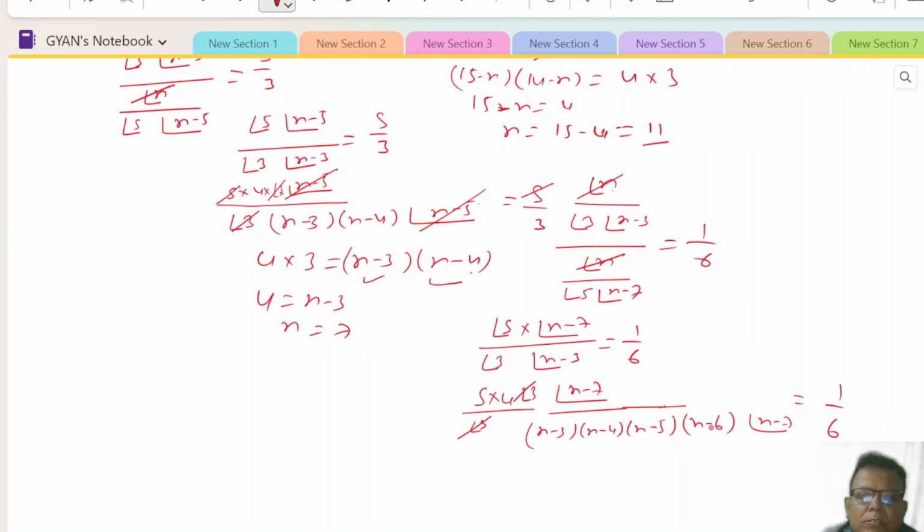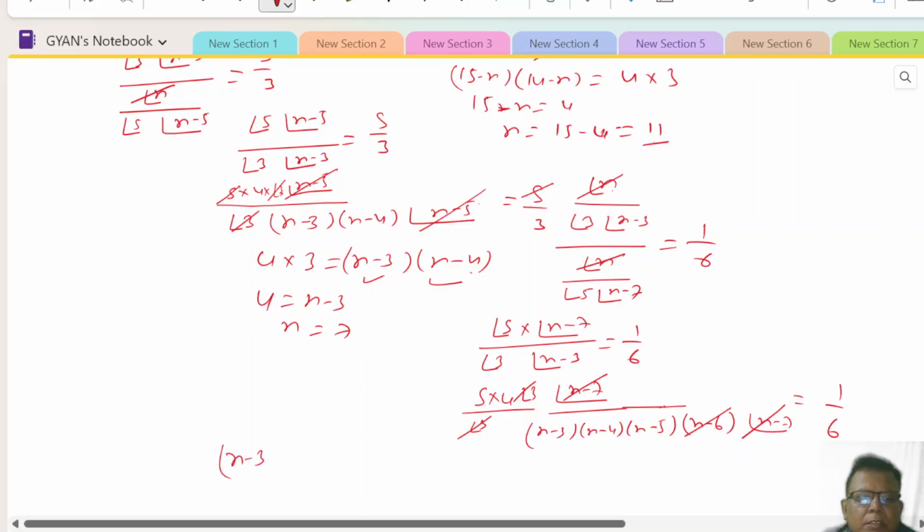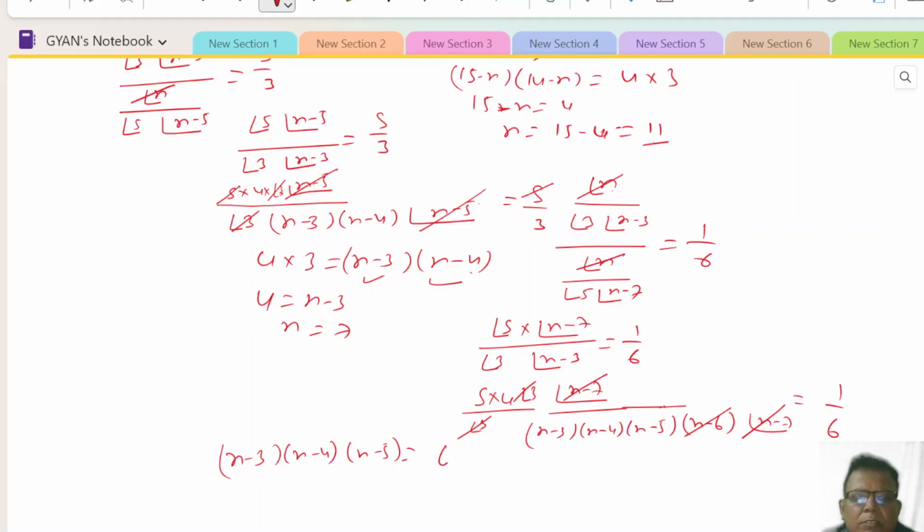So (n minus 7) factorial and (n minus 7) factorial get cancelled. So (n minus 3)(n minus 4)(n minus 5) is equal to 6 into 5 into 4.